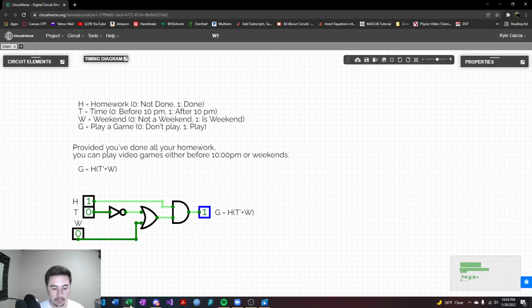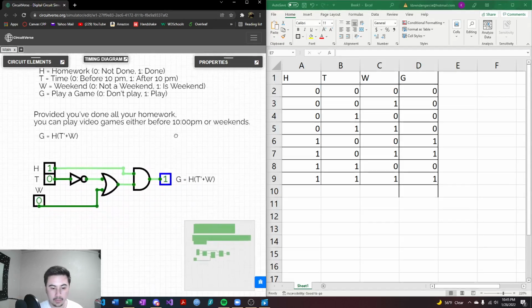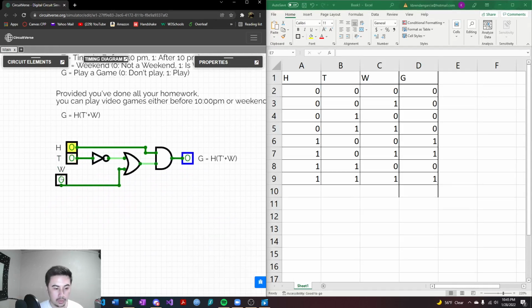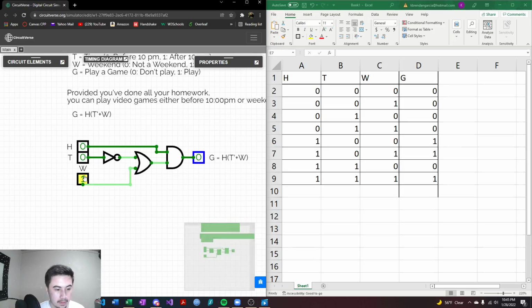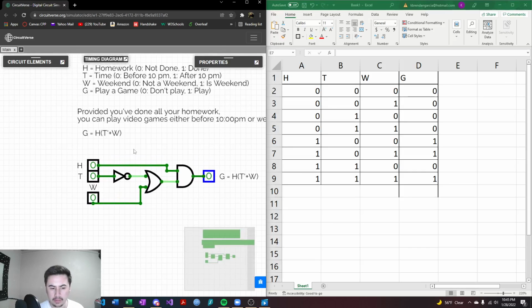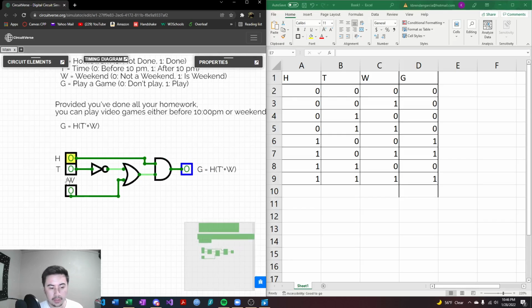Okay, so with that in mind, I'm going to split my screen, and we're going to test some values here. I don't know why it went up like that, but it must have happened during the recording somehow. Anyways, when we have all values 0 here, we have a value of 0 for our result.